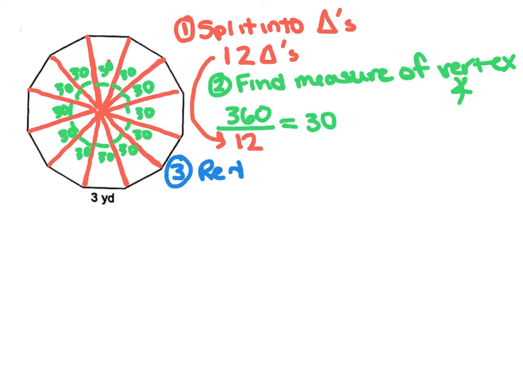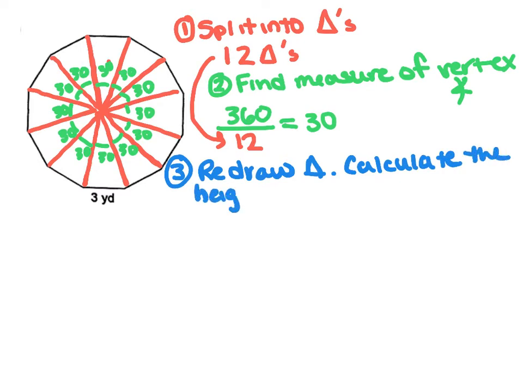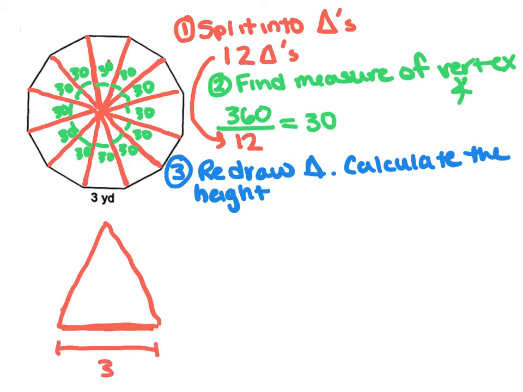is redraw the triangle and calculate the height. So if I take my triangle and I redraw it, we know that this whole side length is 3, and we know that this angle at the top of the triangle is 30.